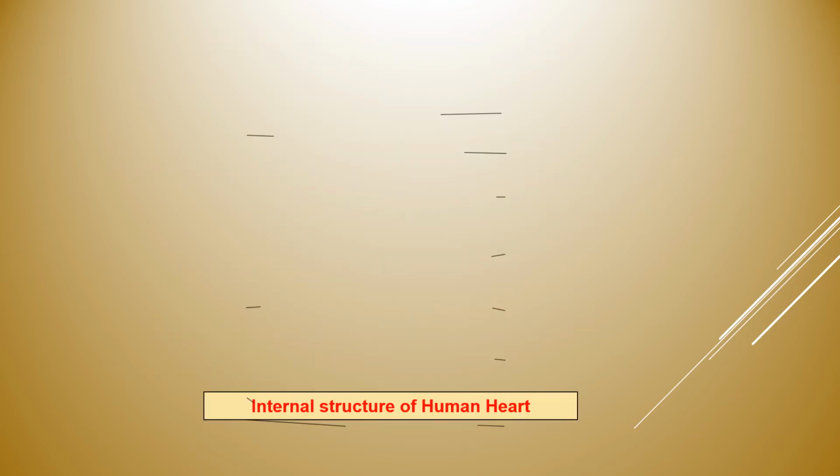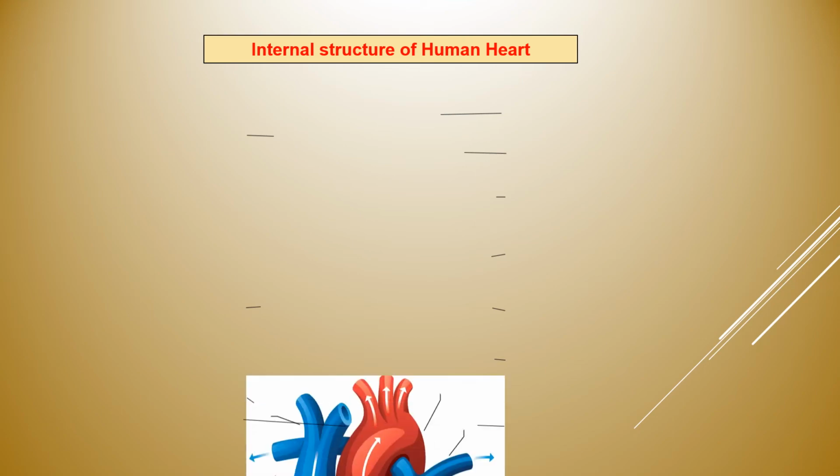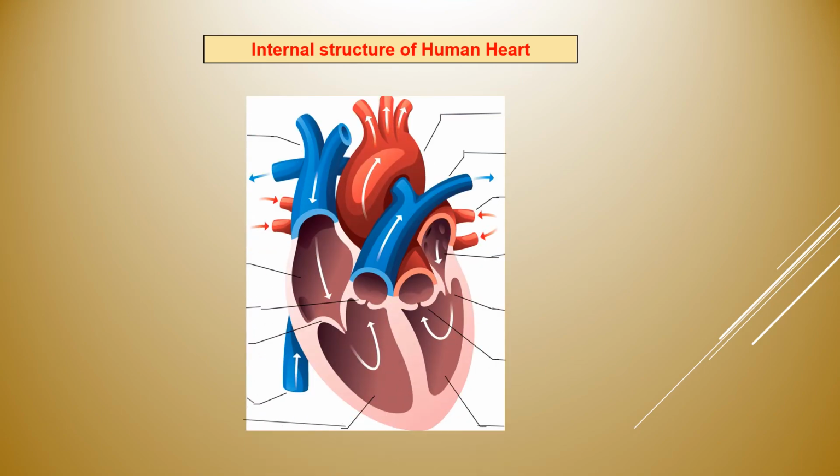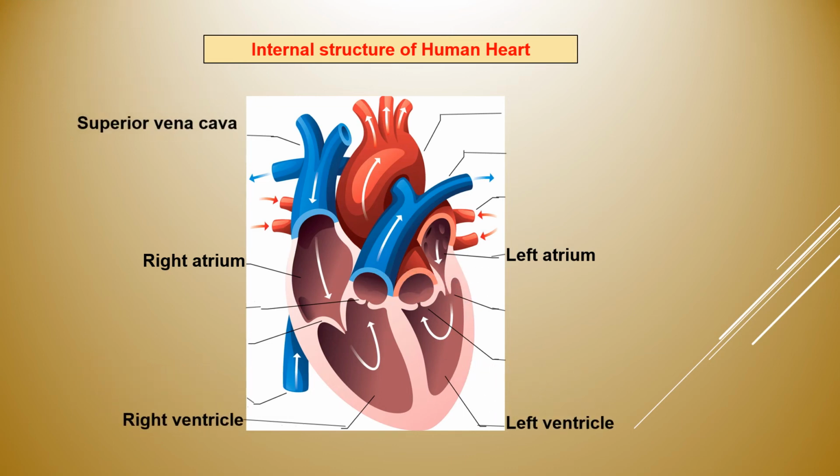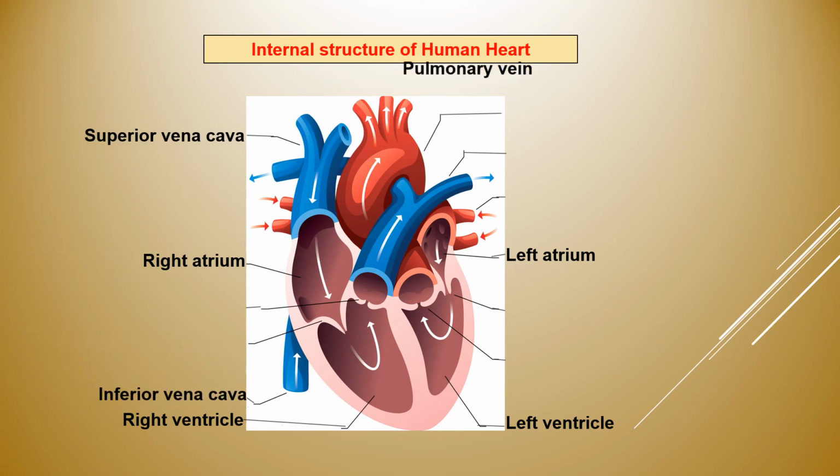Now we are going to see the internal structure of the human heart. The right atrium, left atrium, right ventricle and left ventricle. Superior vena cava and inferior vena cava. Next, pulmonary vein. Then pulmonary trunk.